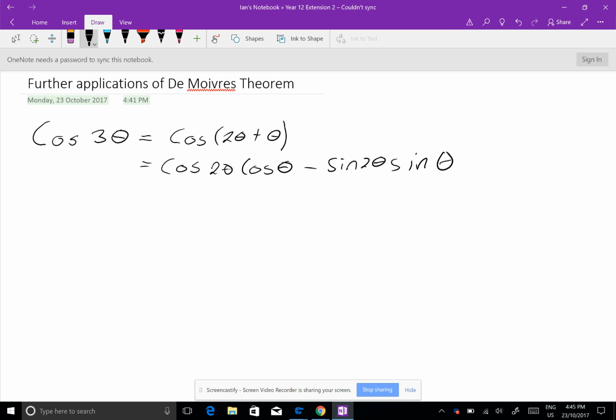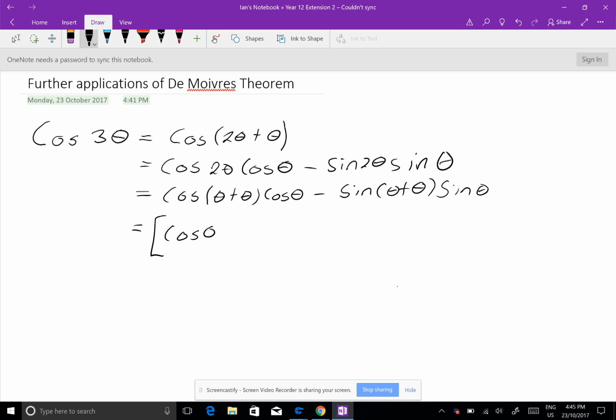And we then go through that process again, because cos 2 theta is cos of theta plus theta, and sine 2 theta is sine of theta plus theta. We use a bigger set of brackets this time, so cos theta plus theta is cos theta cos theta minus sine theta sine theta.